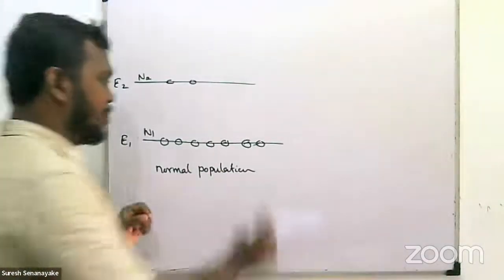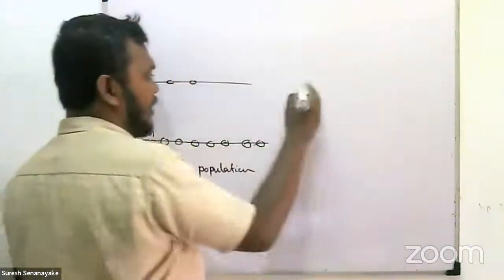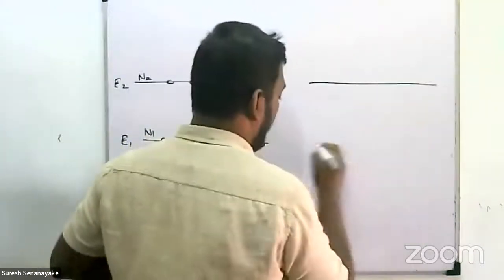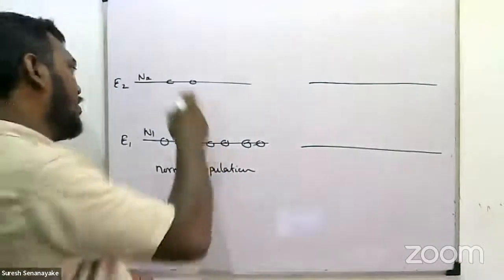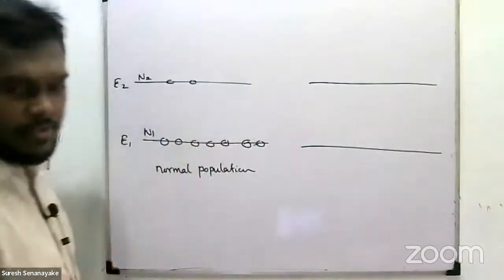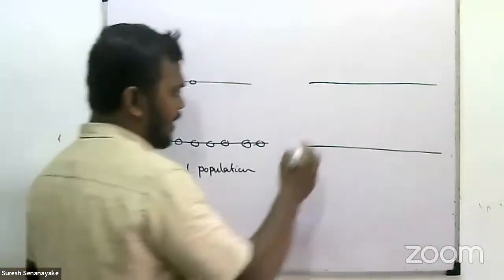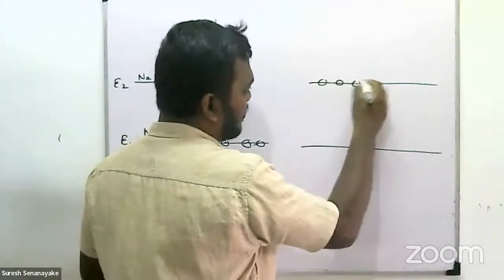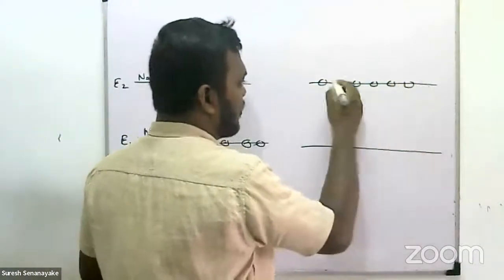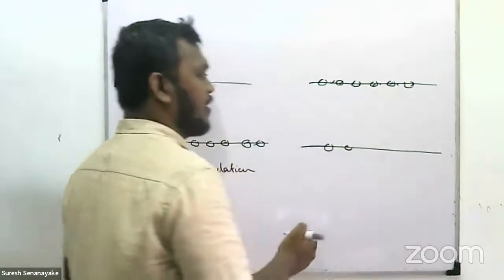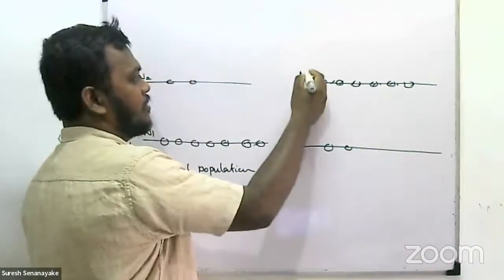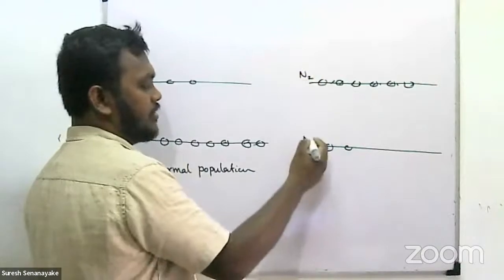Through the optical pumping or any of the energy pumping methods, we can make the two levels, not only these two, at the middle level also we can see. Let's say that the higher level has more atoms, having high energy, than these lower levels. So this kind of we can make, right?